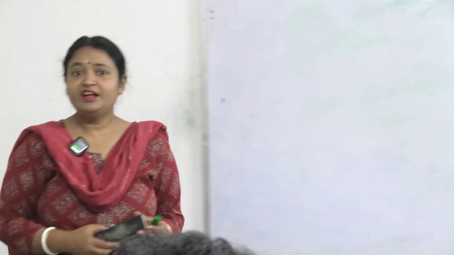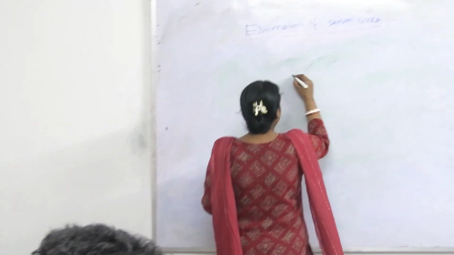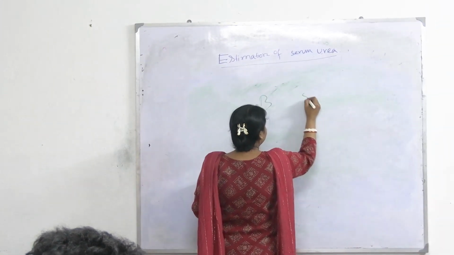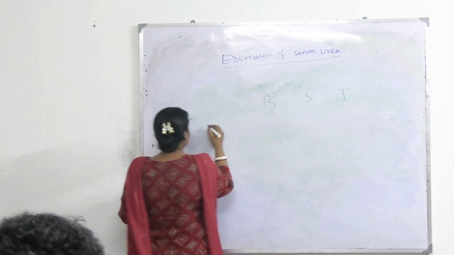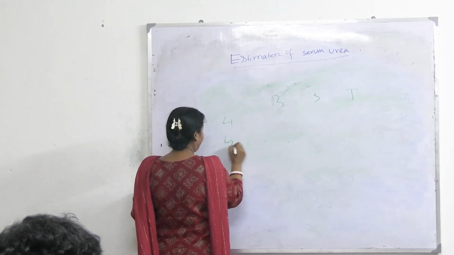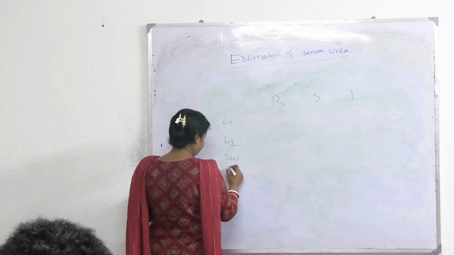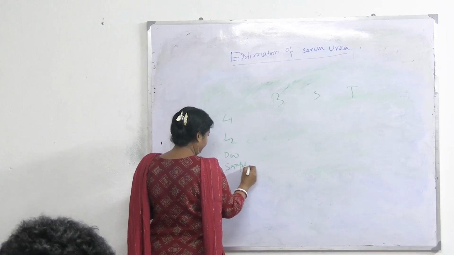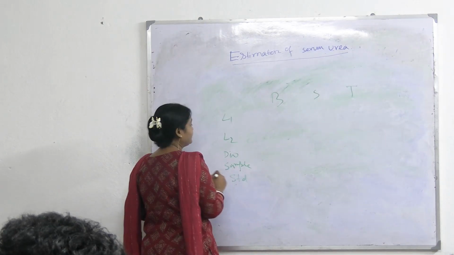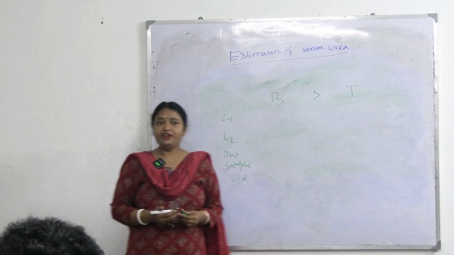Now we will measure this. You will remember that light path will be 1 centimeter. We have L1, L2, distilled water, sample and standard. 1000 microliter means 1 ml.